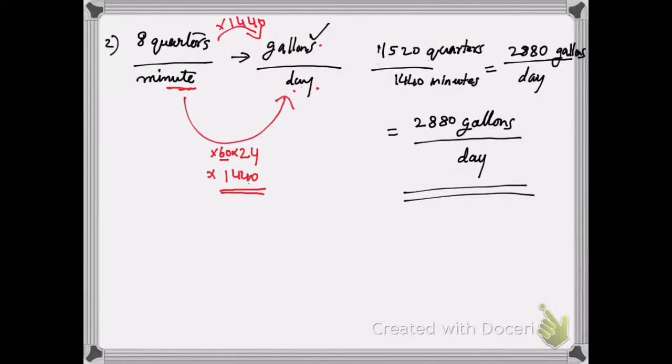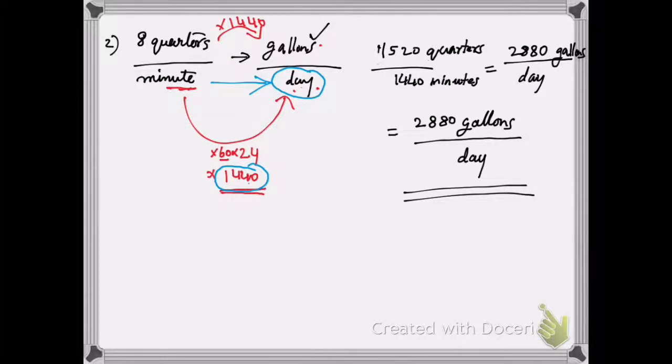So like I said, what you really want to do here is find out how many minutes a day has, right? Because you want to transform minutes to a day, correct? So a day has really 1,440 minutes, right?